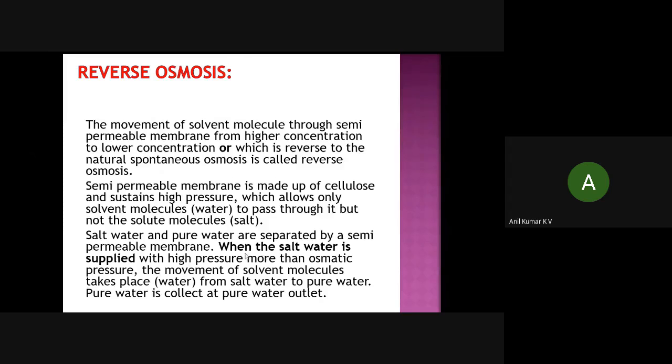Salt water and pure water are separated by a semi-permeable membrane. When the salt water is supplied with pressure higher than the osmotic pressure, the movement of solvent molecules takes place, meaning only water moves from salt water to pure water. Finally, pure water is collected at the pure water outlet.